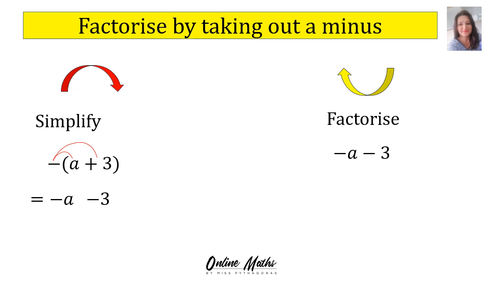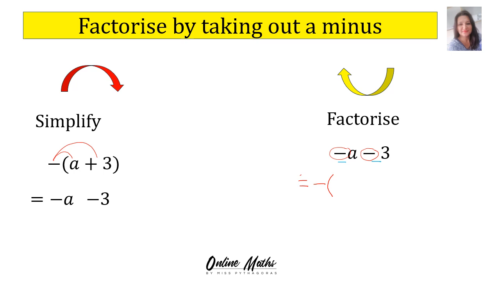So they gave us minus a minus 3, and now when we factorize, we will take out this minus as a common factor. So we will write equals minus, and then you put a little bracket, and then it's as if you divide both terms by a minus.